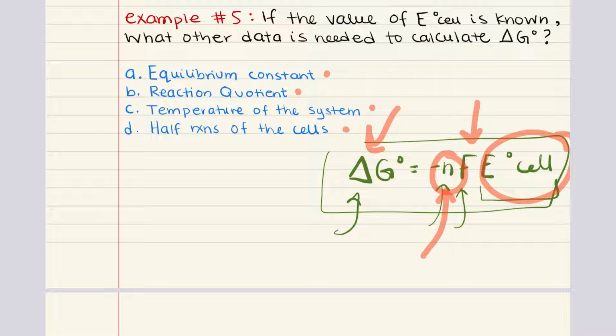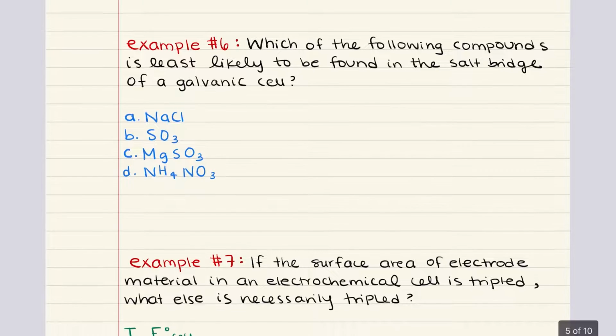So we need that in order to be able to calculate standard Gibbs free energy change if we already have the standard cell potential. n would be the only other variable we would need to figure out. So the correct answer for problem 5 is going to be D. Beautiful. Next, we have problem 6.